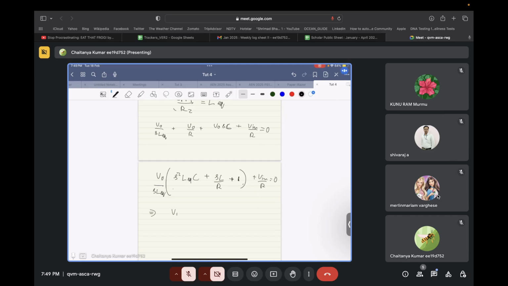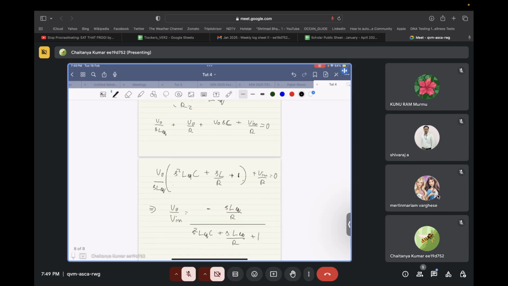That implies V0 by Vin is equal to minus SL equivalent by R divided by S square L equivalent times C plus SL equivalent by R plus 1.